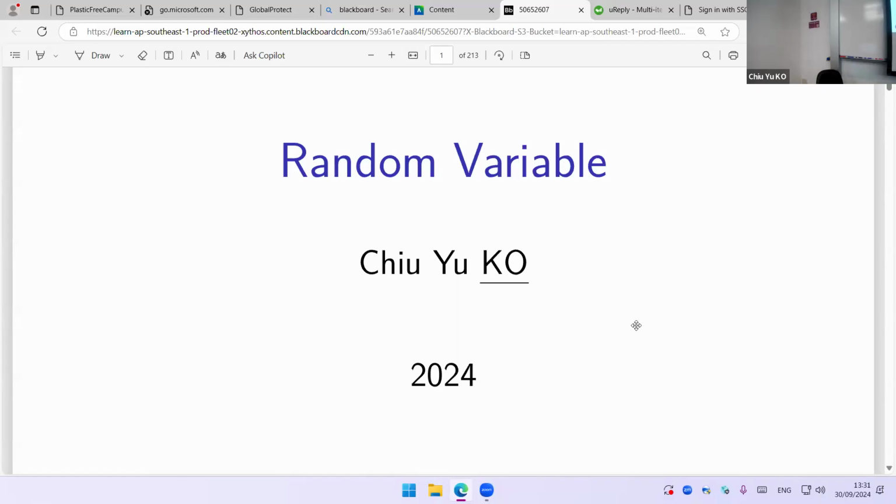And then, of course, this will form the basis of how we do statistical inference in the second half of the class. So usually if you take statistics 1, you usually end up with this chapter, okay? And the second part will be the inferential statistics, which will be the second half of our class.